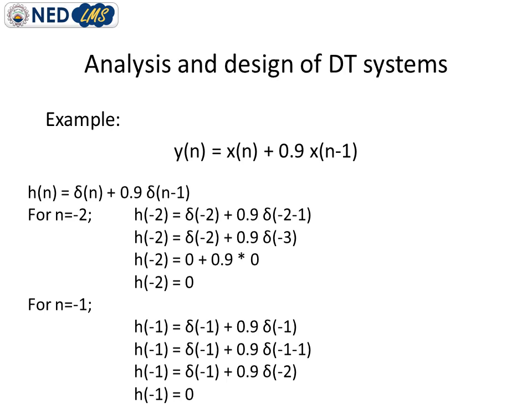In this equation, we have to substitute different values for n, calculate the impulse response for each value of n, and finally combine the values to get the total impulse response of that system.